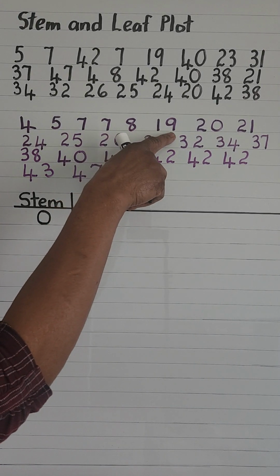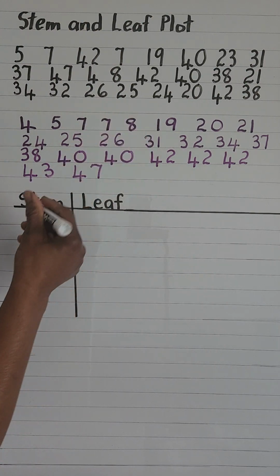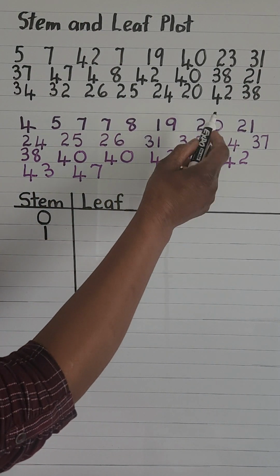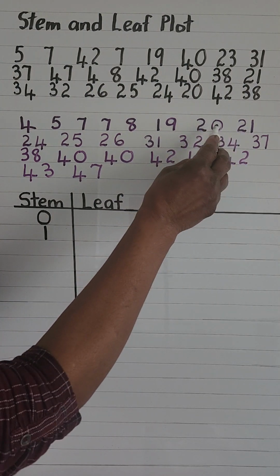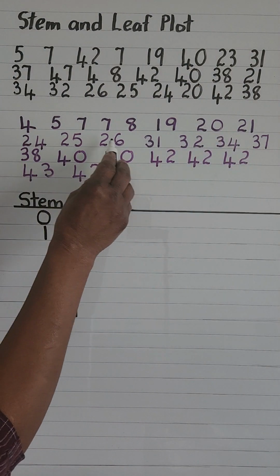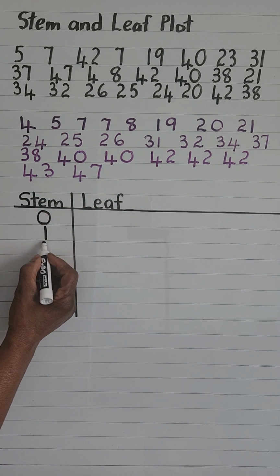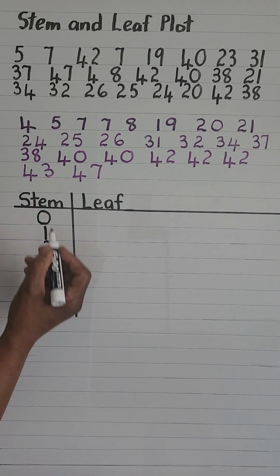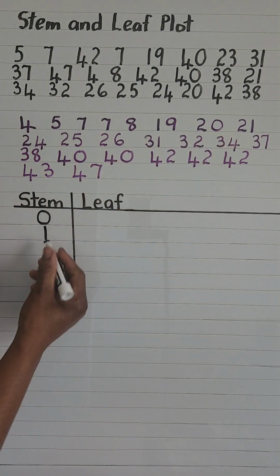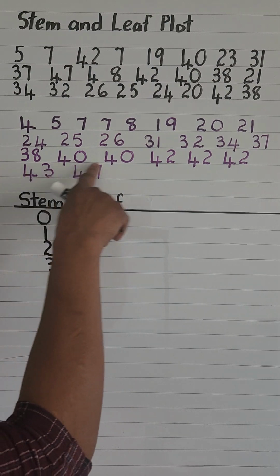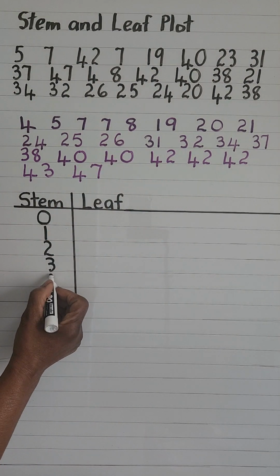We have 19. The leading value is 1. We have 20, 21, 24, 26. So we have some 2s, some 20s. We have some 30s. And we have some 40s.